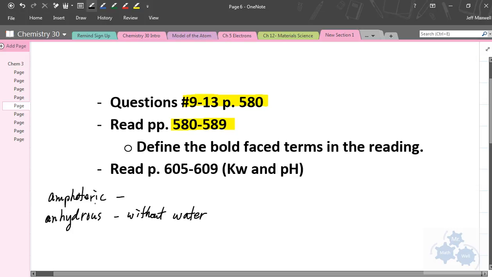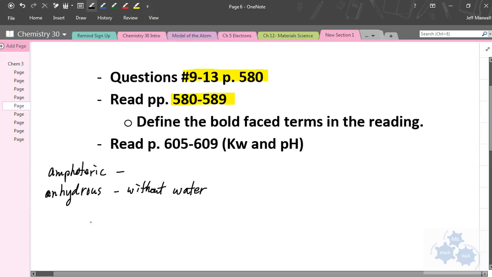Also on page 584, there's a chart, and that's what we're leading to next, the strengths of acids and bases. So if you look at that chart, strengths of acids and bases, maybe I'll bring one up here for you.